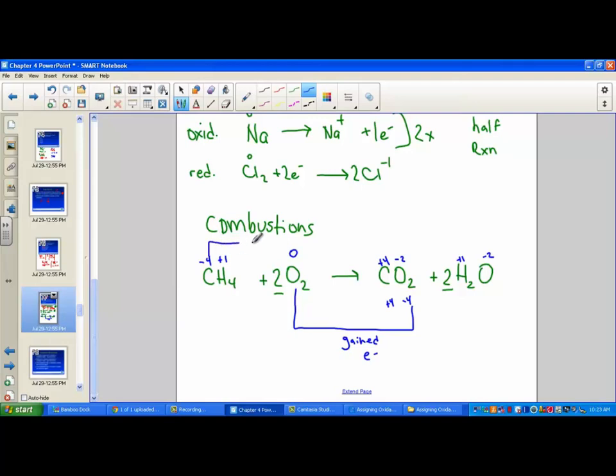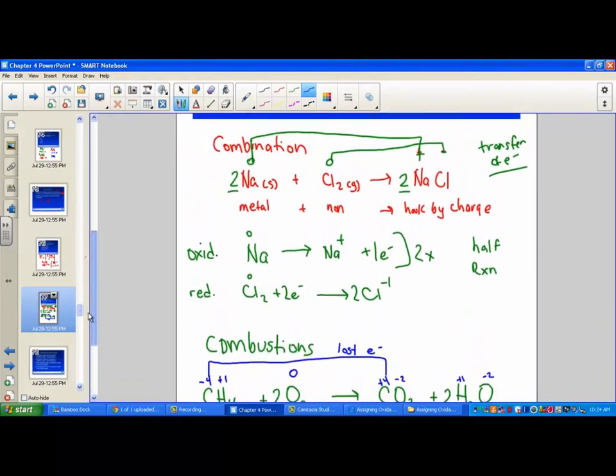Carbon on the number line went from -4 all the way to +4. When you become more positive, you've lost electrons. Of course, the hydrogen did not change, and oxygen could have gone to either place, but it changed from 0 to -2.